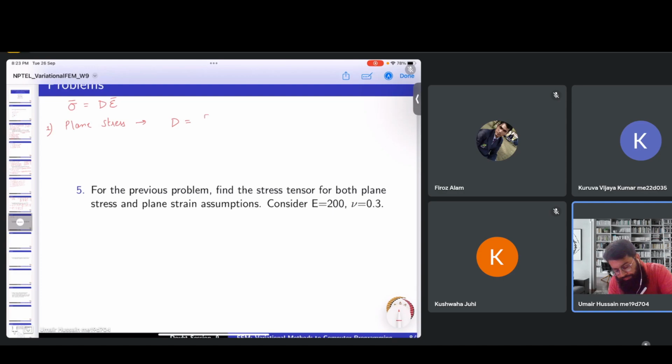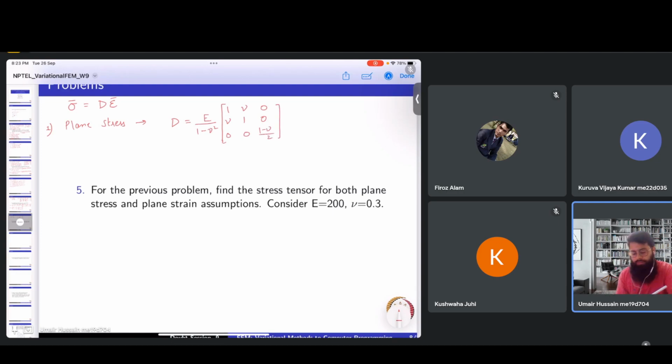Anyone can help me? The matrix has 1, nu, 0, nu, 1, 0, 0, 0, and this is, I think, (1 minus nu) by 2.